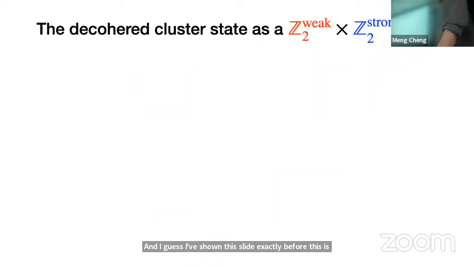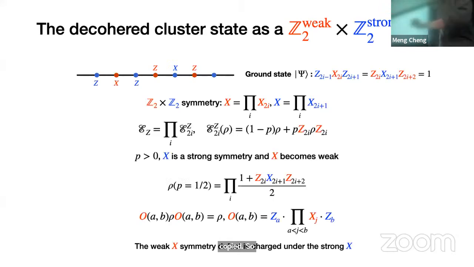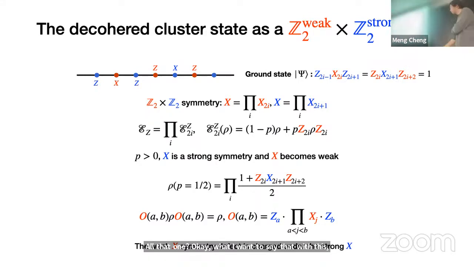So what I want to say is that with this characterization in terms of a string operator, one can show, and I'm not going to go through it, that this state cannot be connected to a trivial product state, just because there are these strong charges. So there's something left when you have a strong symmetry that prevents it.